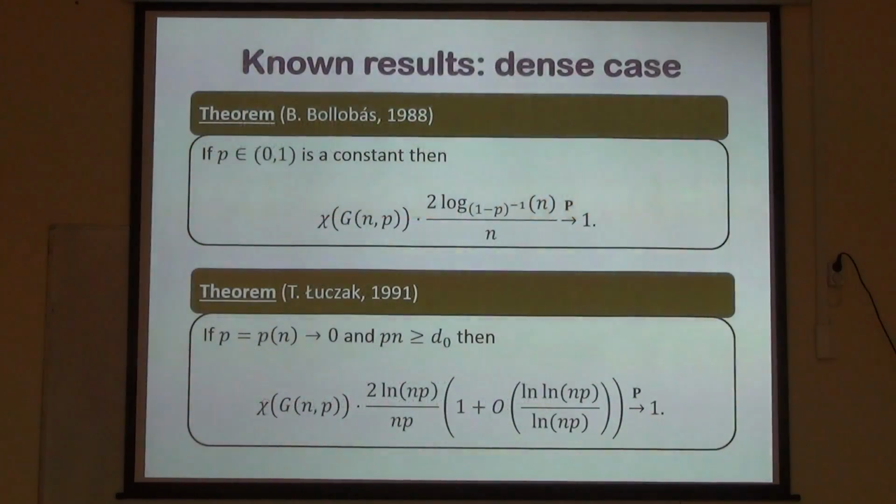But you see that if np is a constant, then we don't have the asymptotics for the chromatic number, because here we will have only some bounds. The chromatic number is less than one constant and greater than some other.